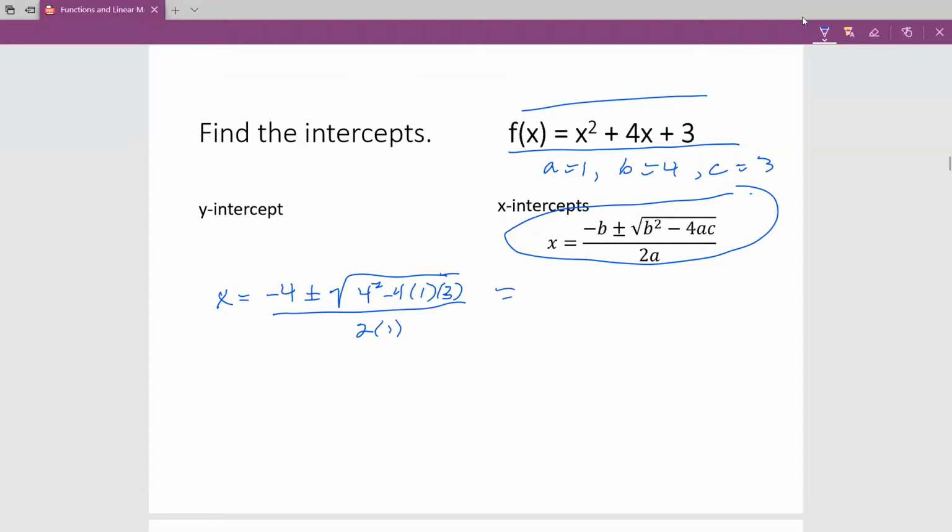And this will become minus 4 plus or minus the square root of 4, all divided by 2. So x would be minus 4 plus or minus 2 over 2, which would be minus 6 over 2 is the first root, and minus 2 over 2 would be the second root, and that would be minus 3 and minus 1.